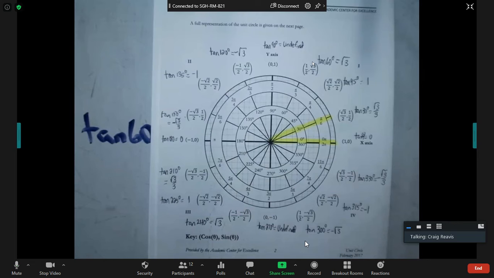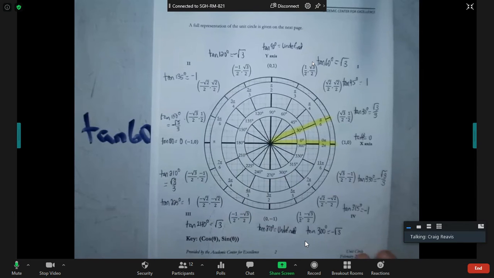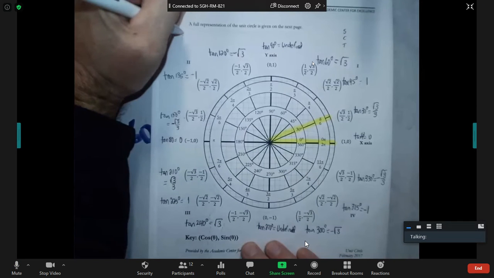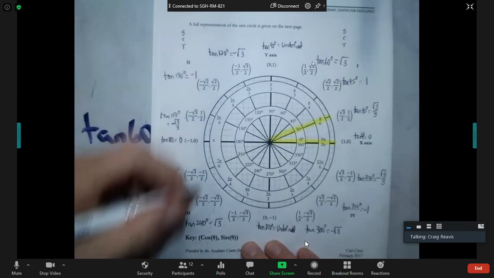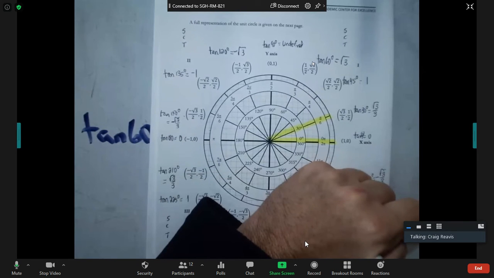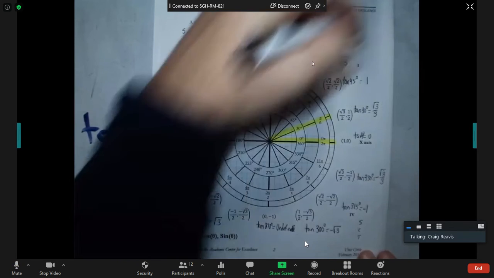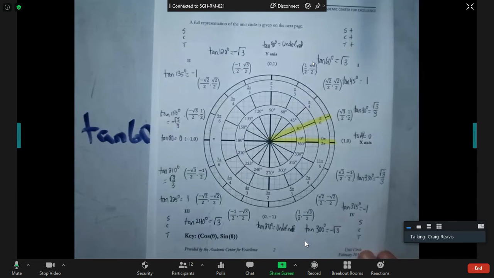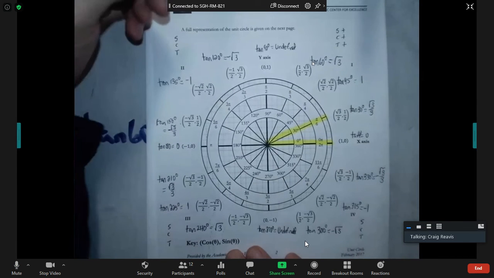All right. And here's what I know. If I have sine, cosine, tangent, sine, cosine, tangent, sine, cosine, tangent, and then I go to quadrant 4 and sine, cosine, tangent. In quadrant 1, they're all three positive, right? In quadrant 2, what do we have?